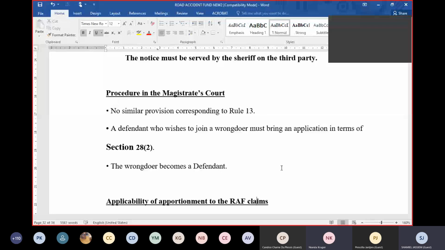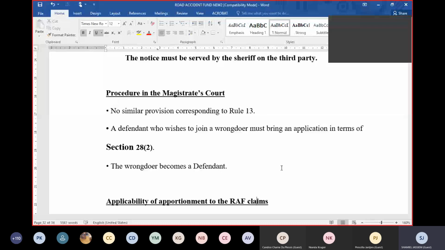Do they just simply not pay out more than 50% of the claim? Okay, correct. But now the problem is the defendant, who is the RAF, if the court orders that they must pay me my damages, they can't refuse to pay, or they must pay the entire 100%.